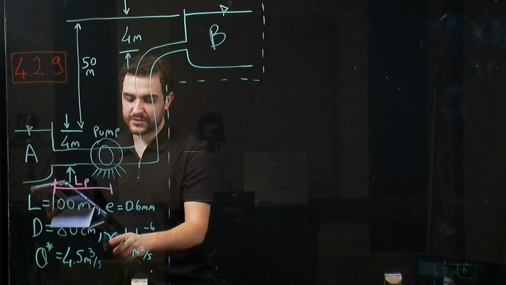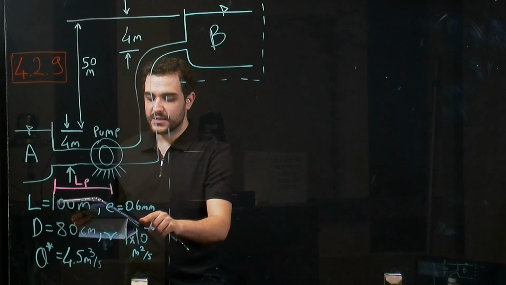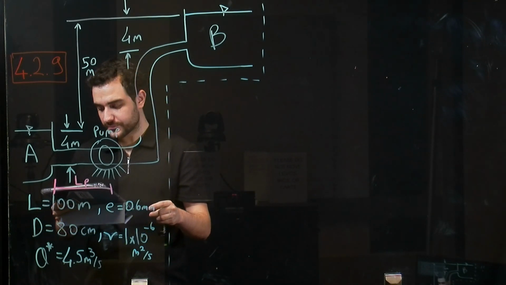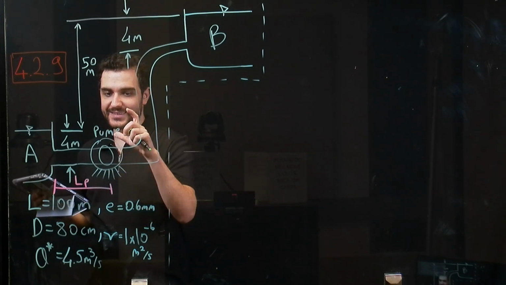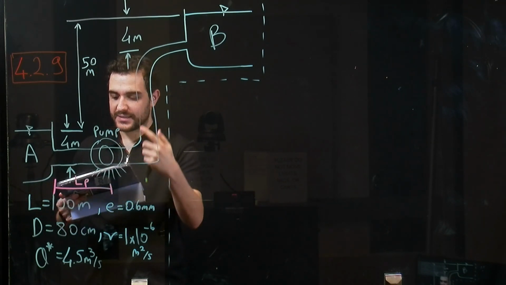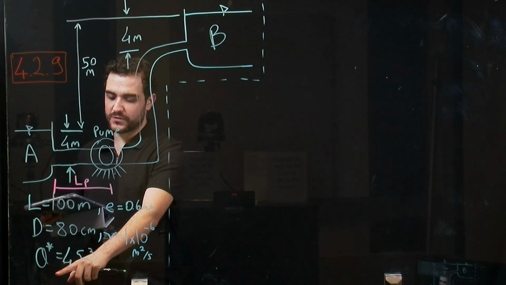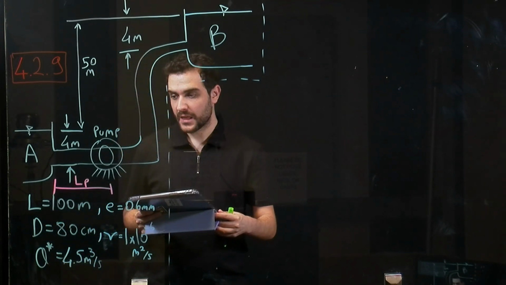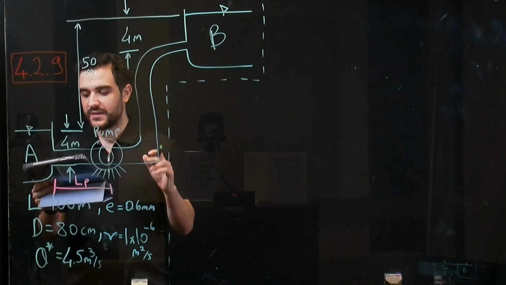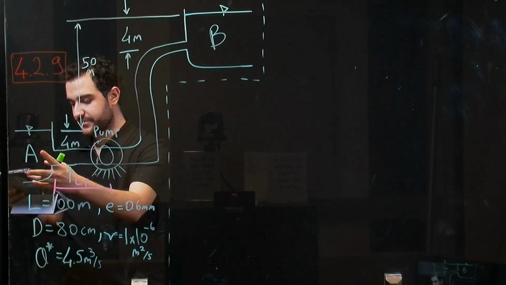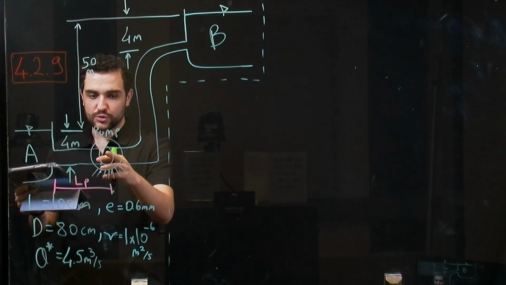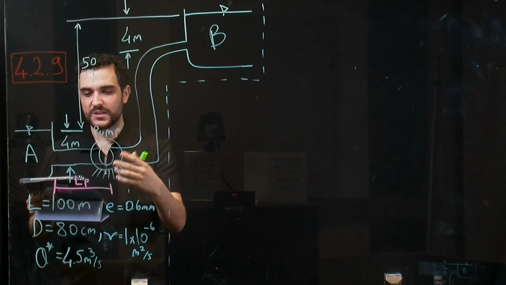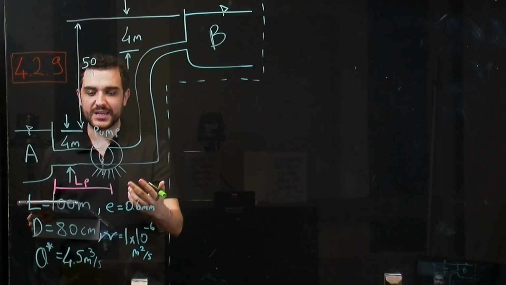And the kinematic viscosity we are going to use is 1.10 to the power of minus 6. And this system is designed to carry water with a flow rate of 4.5 cubic meter per second. So in this question, we need to determine the maximum distance from reservoir A to pump so that the pump could be installed without encountering cavitation problem.